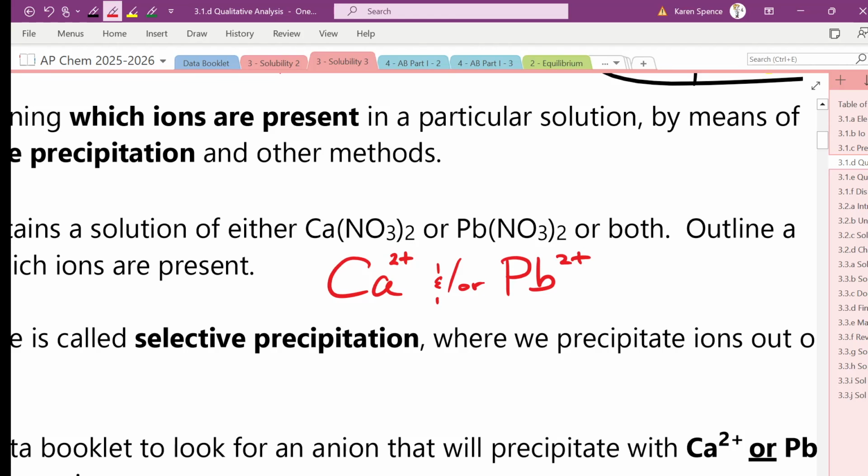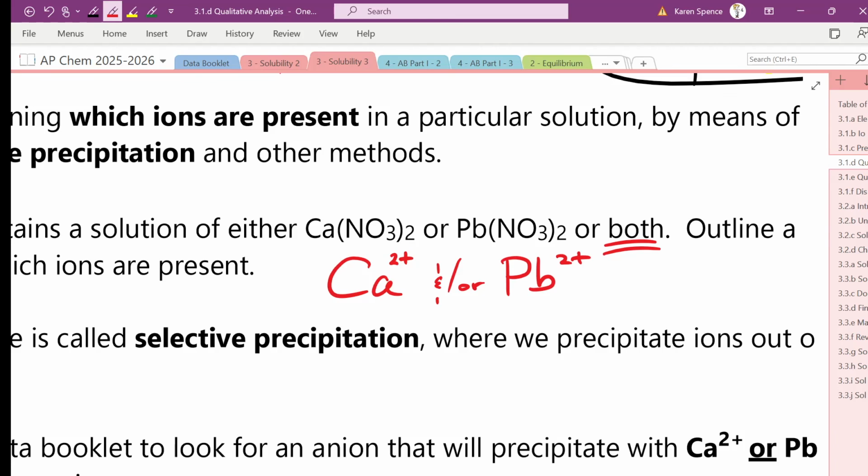Or we could have both, right? And what we're going to do is use precipitation to precipitate out the ions one by one. We call that process selective precipitation, because we are selectively precipitating them.